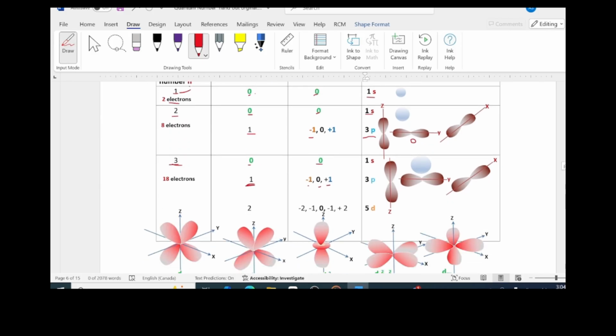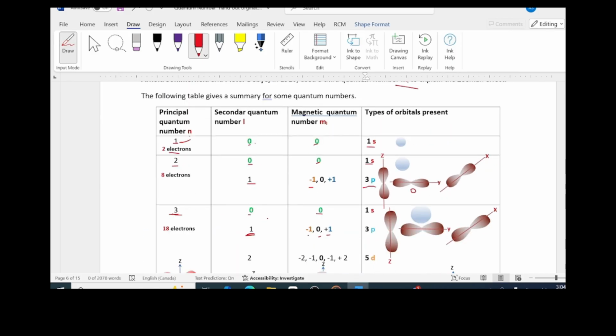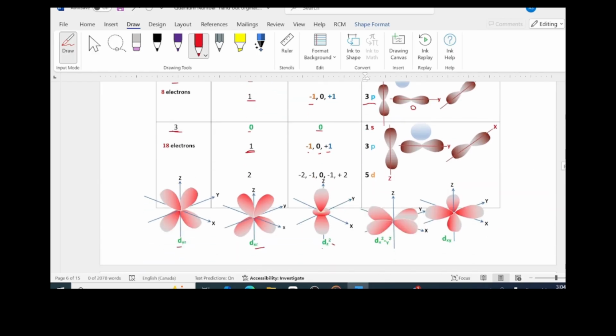If I say to you n equals 3, L equals 0, ML is 0, I'm talking about an s electron there. If I say to you n equals 3, L equals 1, and ML is equal to 0, I am talking about this. If this is parallel to the magnetic field, I am talking about this orbital here.